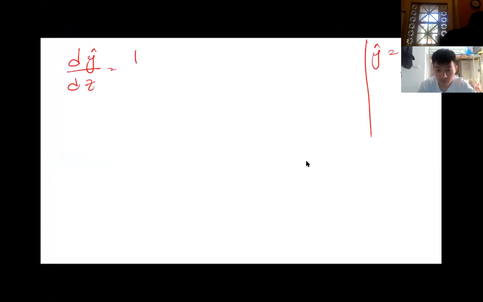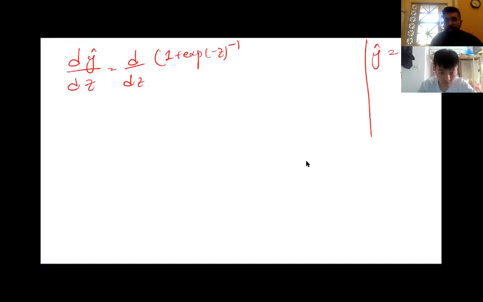So basically, can I write it like this? dy by dz of 1 plus exponent minus z, power minus 1. I just brought the denominator to the top, give it a power minus 1.